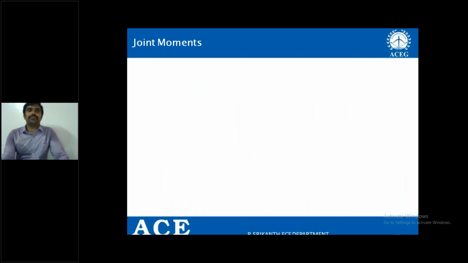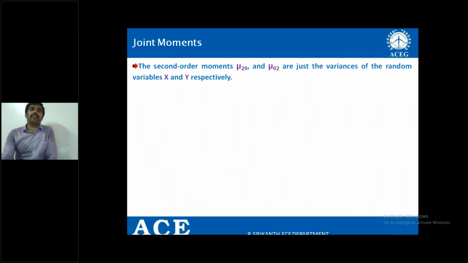Simple. So here the second order moments mu20 and mu02 are just the variances of the random variables x and y respectively. That is, mu20 and mu02 are giving the statistical parameters, which are nothing but variances of x and y, right?